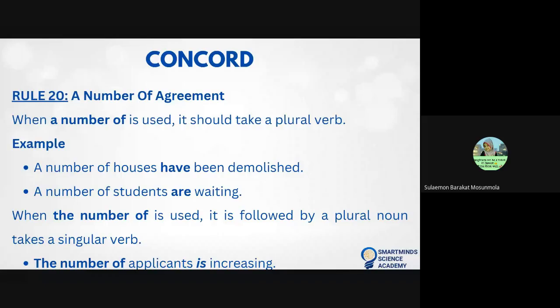You can see that's a plural noun there. The number of applicants is increasing.